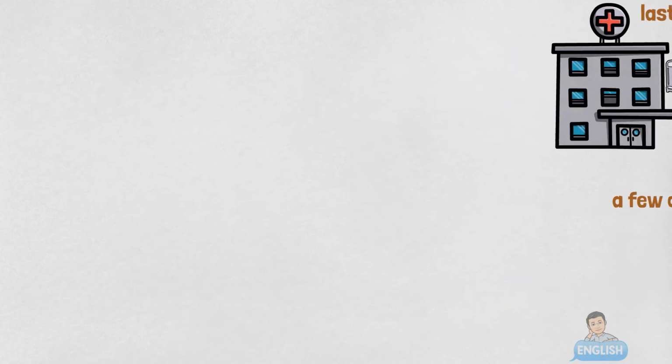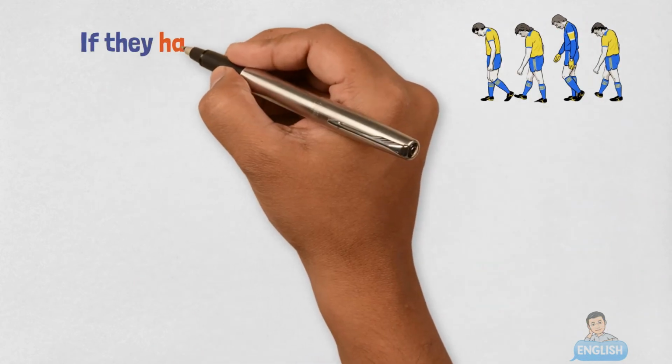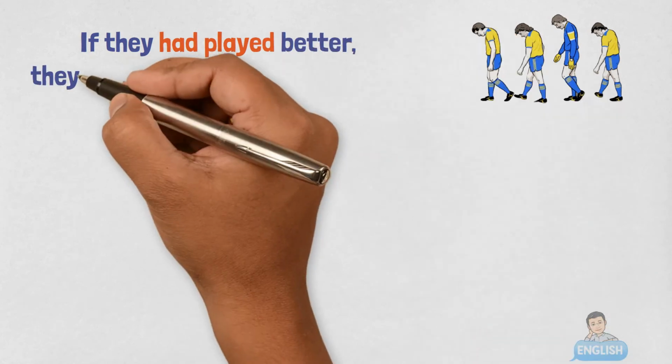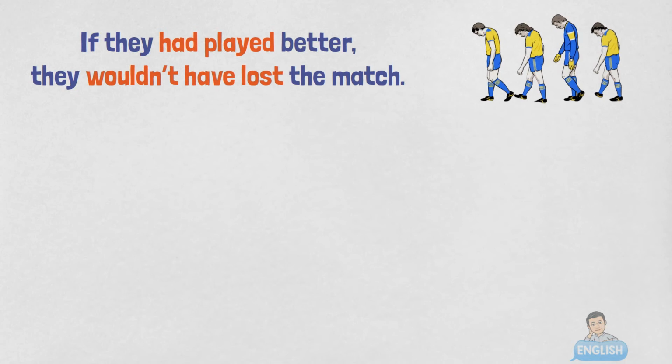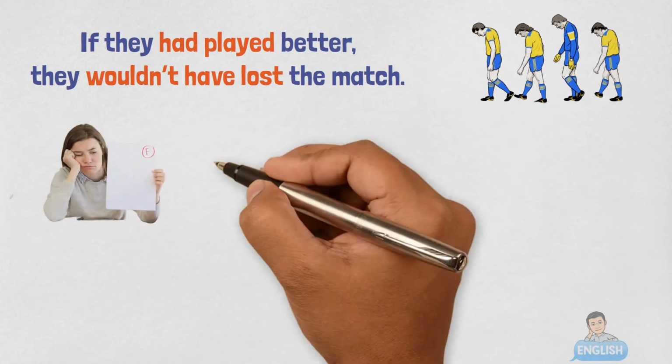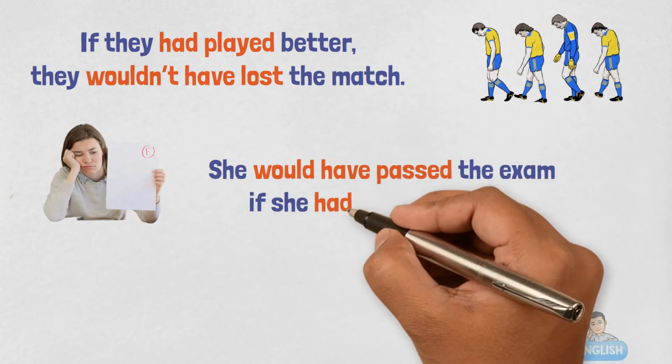Let's take a look at some more examples. If they had played better, they wouldn't have lost the match. The truth is that they didn't play better, so they lost the match. Or, she would have passed the exam if she had studied harder.